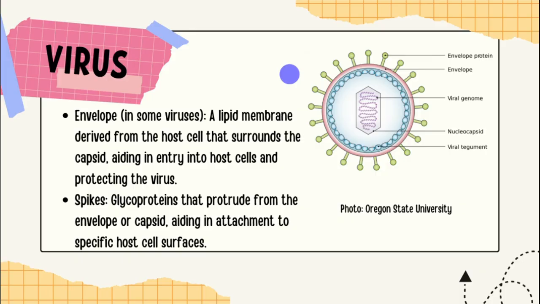So it's a fluid mosaic double membrane layer, right? So most membranes are made up of lipids that have a hydrophilic head and a hydrophobic tail. And then our spikes, you can basically see the spikes around it, and it helps the virus to attach to host cell surfaces.